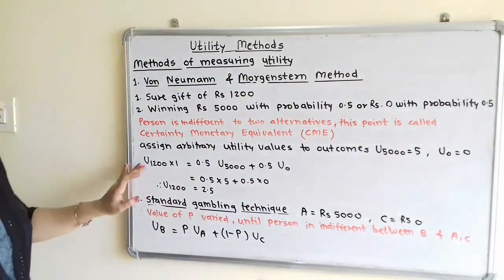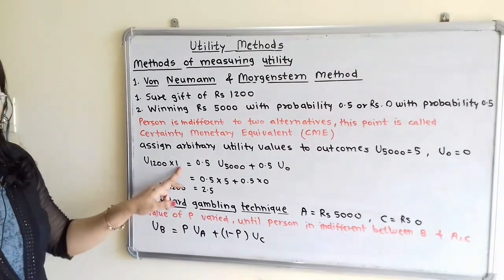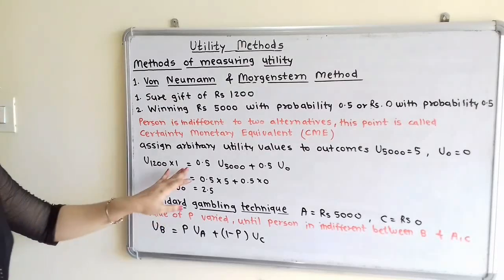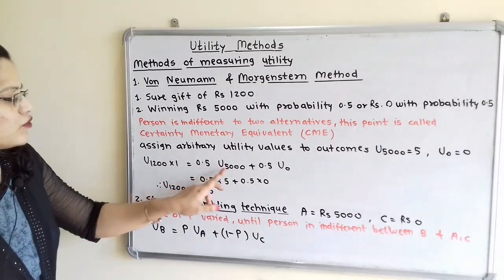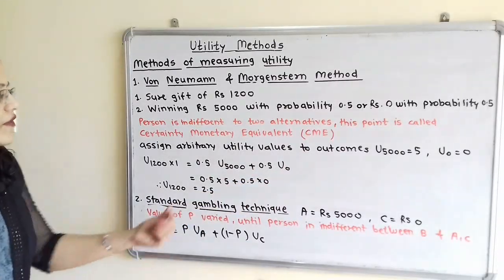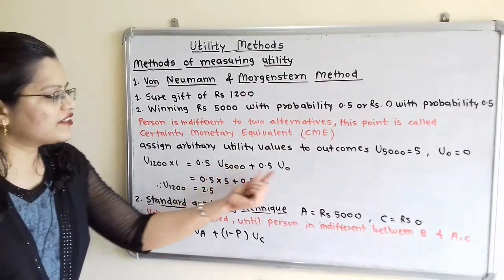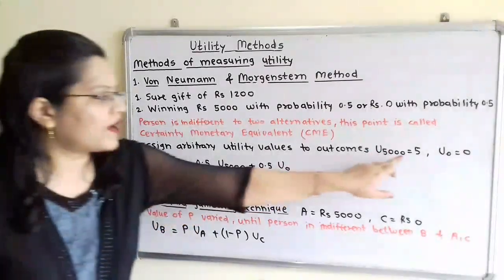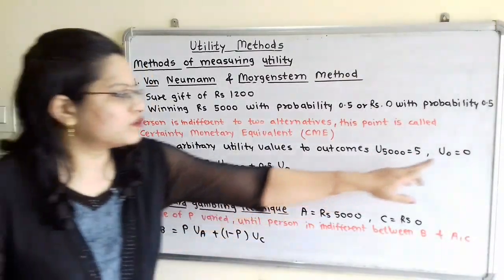So how can we write it? Utility of 1200 into 1, because this is the sure gift, is equal to 0.5 utility 5000 plus 0.5 utility 0. Now we will put the values of utility 5000 and utility 0. That is 0.5 into 5 plus 0.5 into 0.